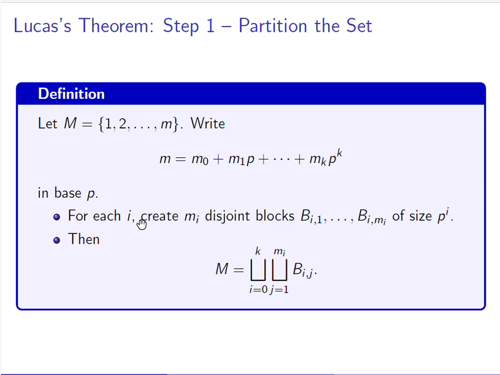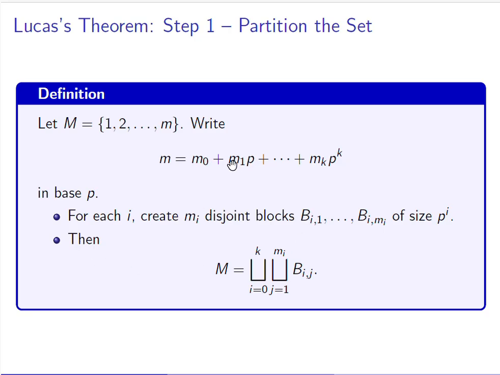For each i, with i going from 0 to k, we create m_i disjoint blocks B_i1 to B_i,m_i of size p^i. If you focus on this case, for example, if i is 1, you're going to create B_1 up to B_m1, which are going to be blocks of size p.